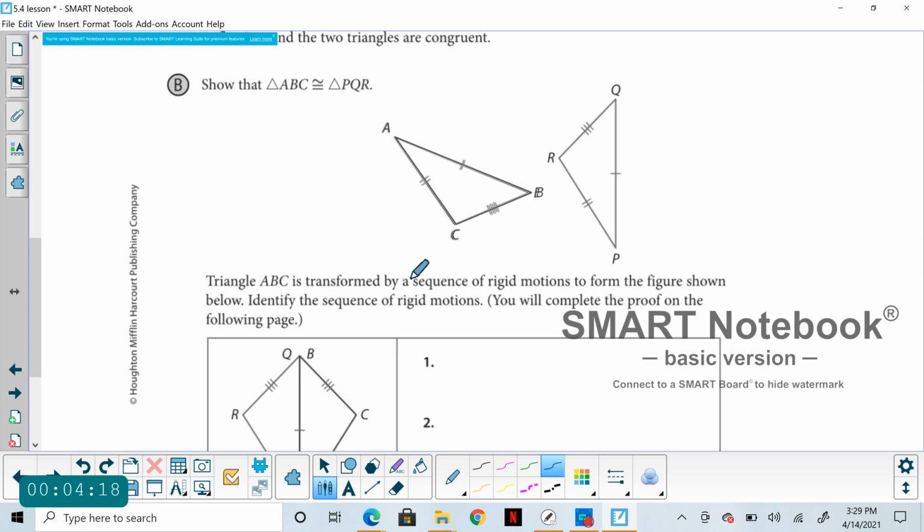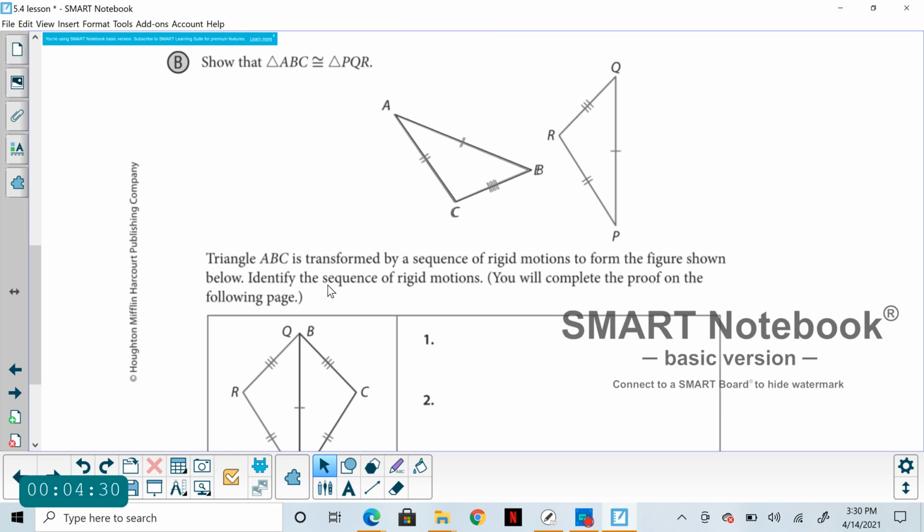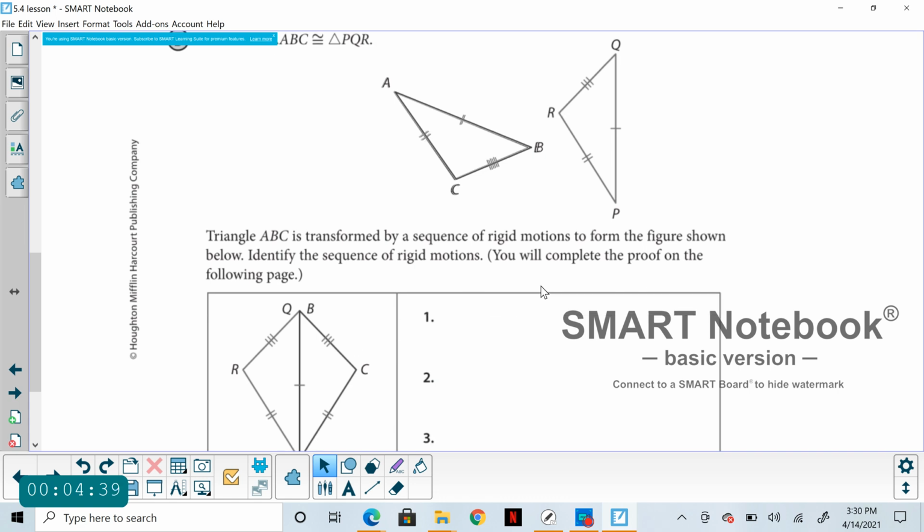So let's look at this next example. We can show that triangle ABC is congruent to triangle PQR. So we want to transform triangle ABC by a sequence of rigid motions to form the figure below. So identify the sequence of rigid motions.